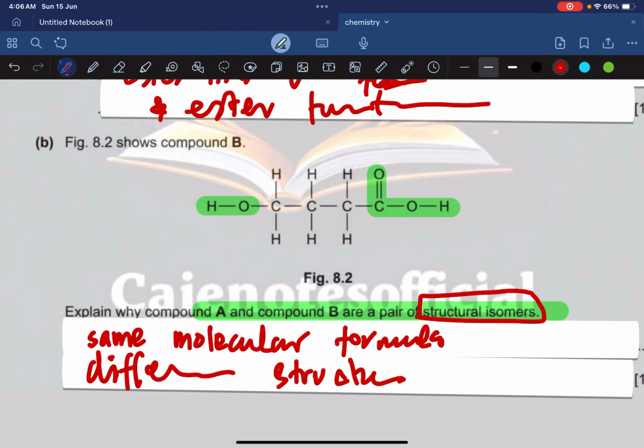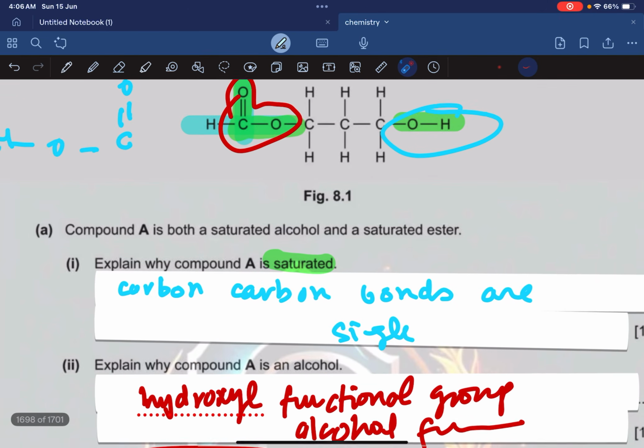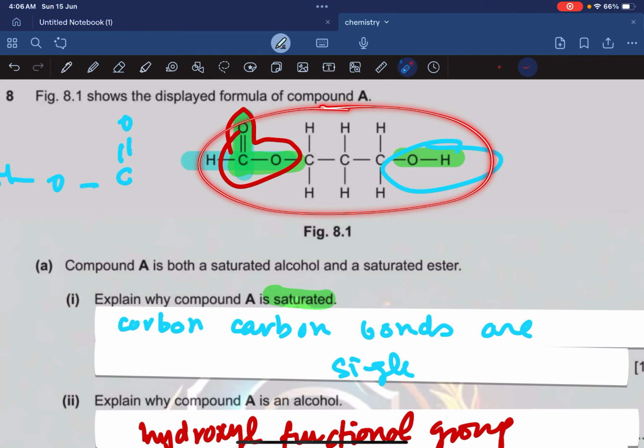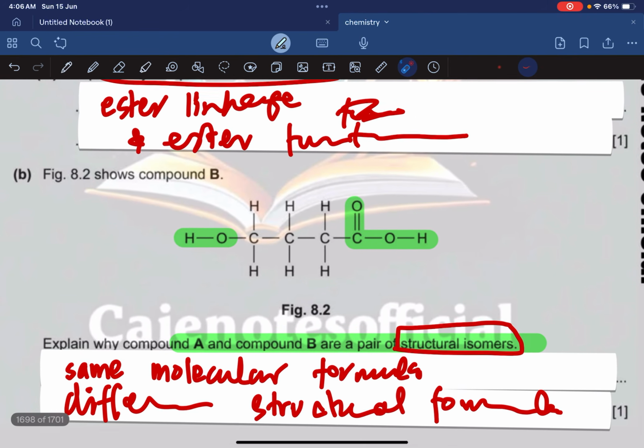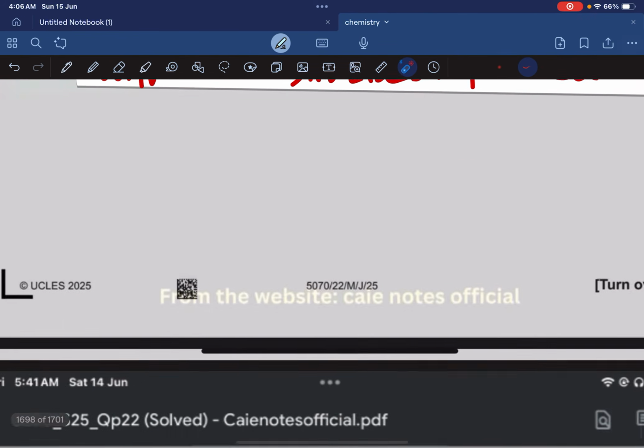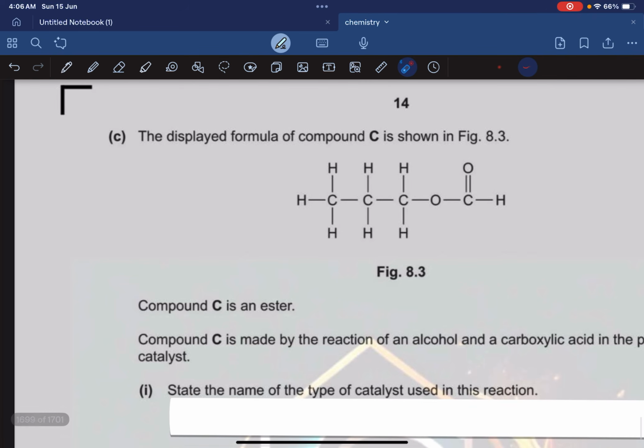That was all I needed to know. I'm sure these two must have the same molecular formula and different structural formulas. Okay. The displayed formula of compound C is shown. Compound C is an ester. How do we know it? Because of this linkage.